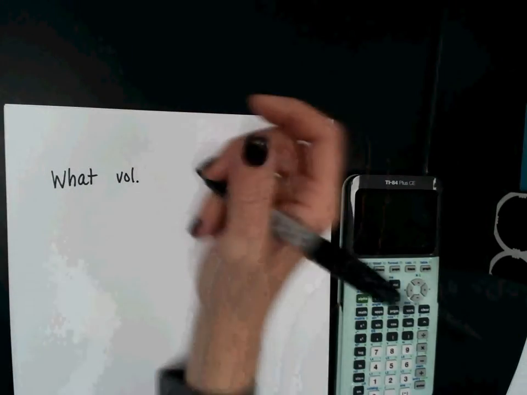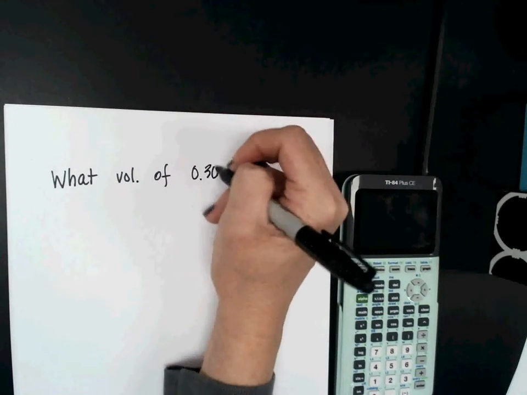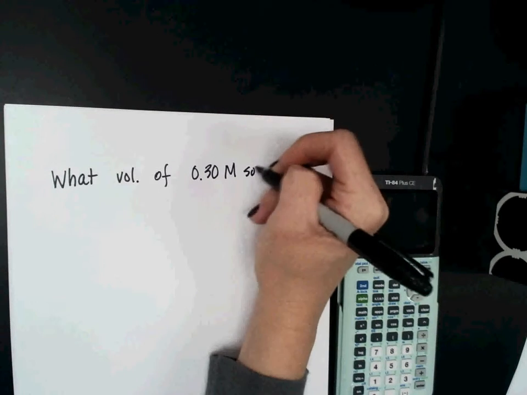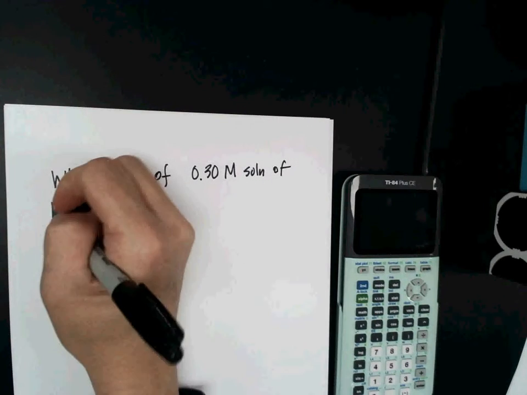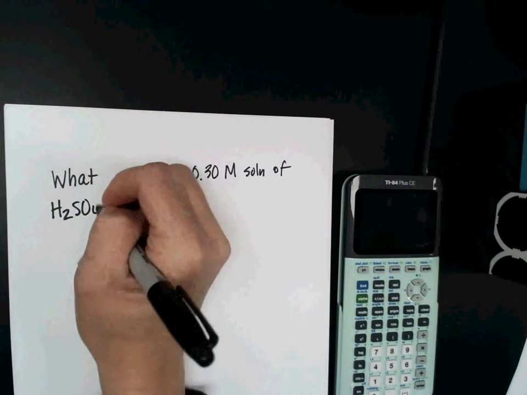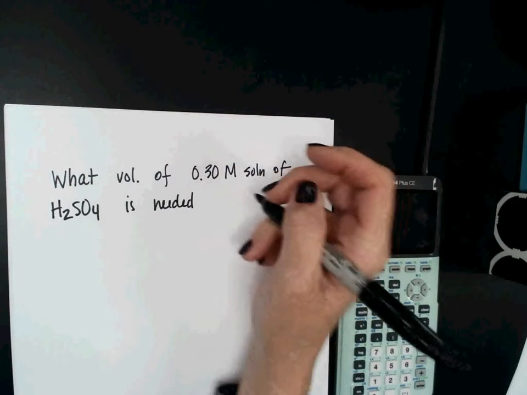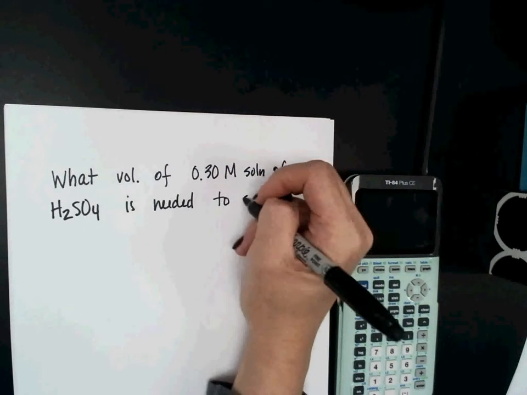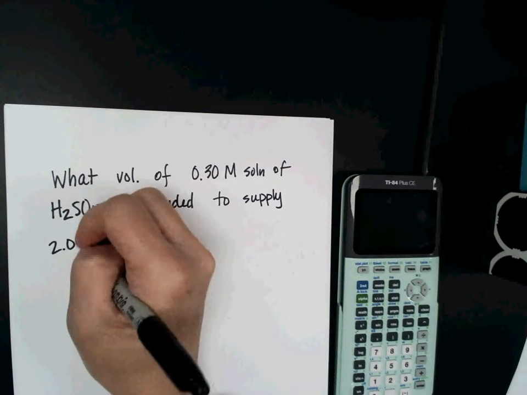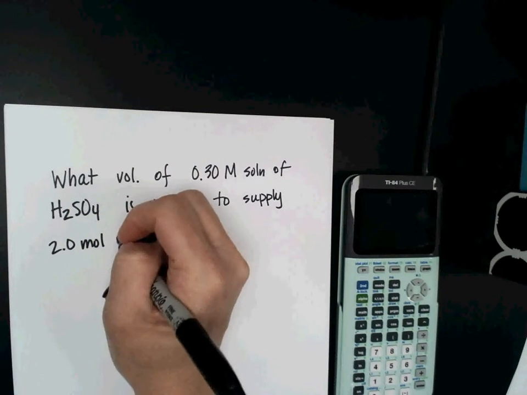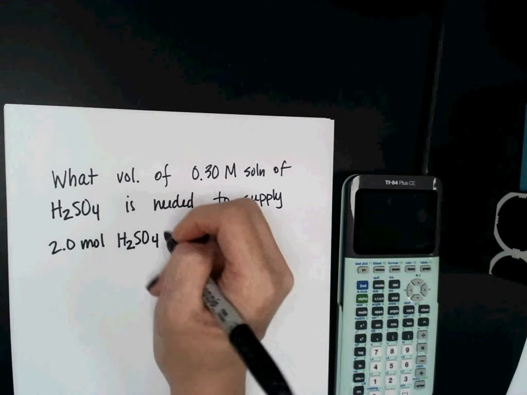What volume of a 0.3 molar solution, we'll stick with our sulfuric acid, H2SO4, is needed to supply 2.0 moles of H2SO4?